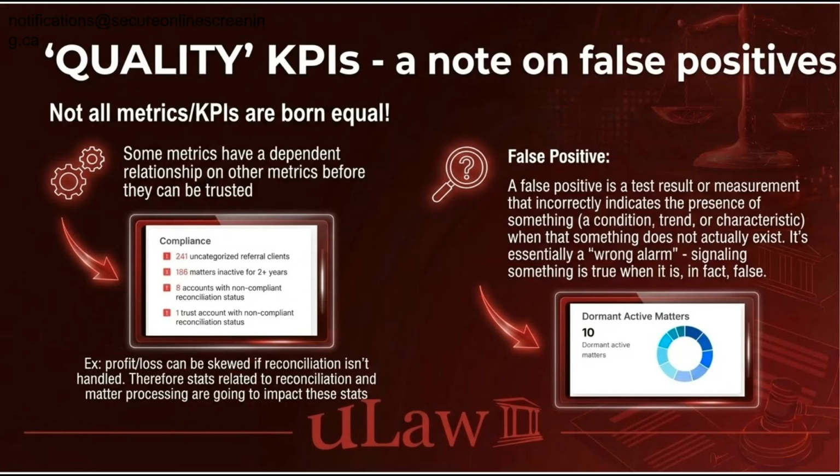So it is important that all metrics like the KPIs that we're talking about here are real. Some of them can be unreal, some of them can be false, some of them can be misleading. So don't fall for everything.